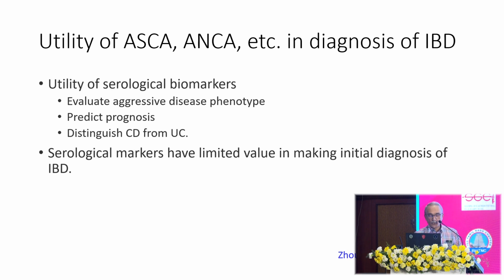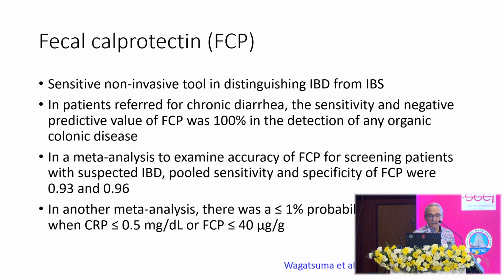They might predict prognosis, and the initial way that they were introduced was that they distinguished Crohn's disease from ulcerative colitis. But if you look at this review, which was in 2016, a systematic review, the conclusion was that serological markers have limited value in making an initial diagnosis of inflammatory bowel disease. So for initial evaluation, serological markers, generally no.